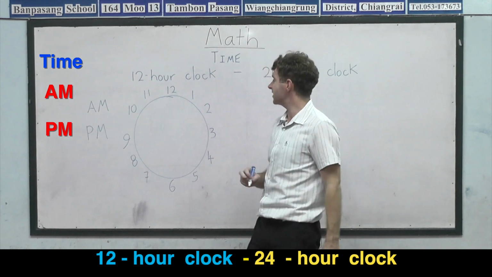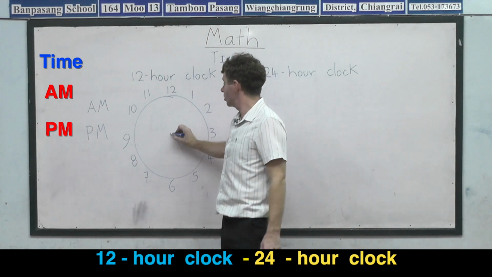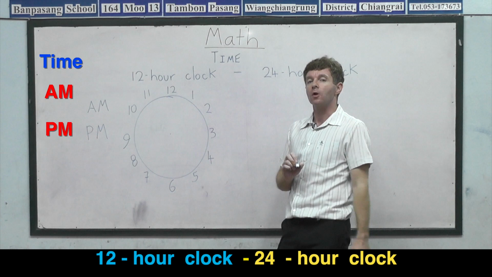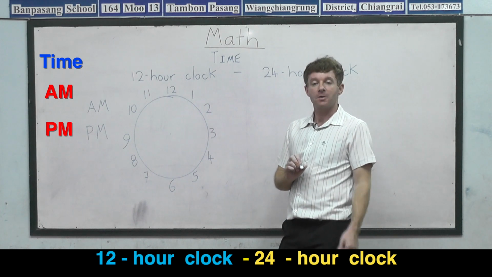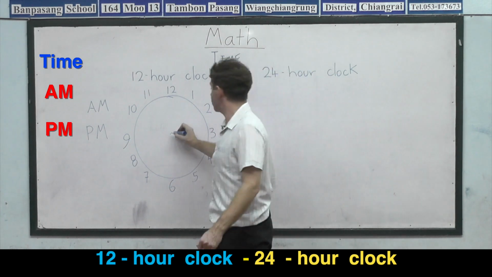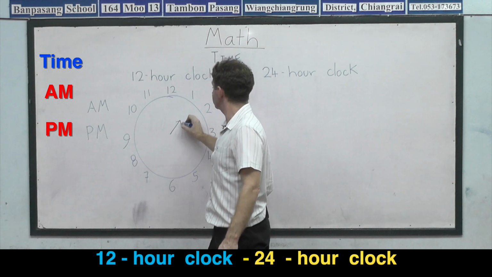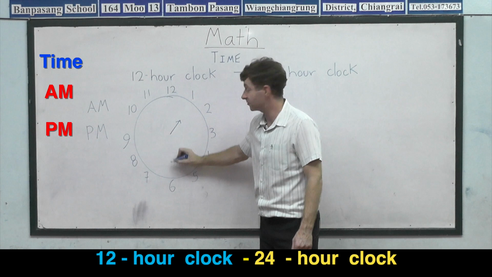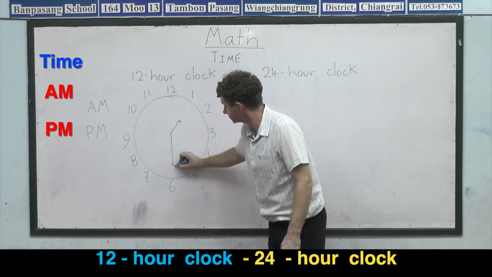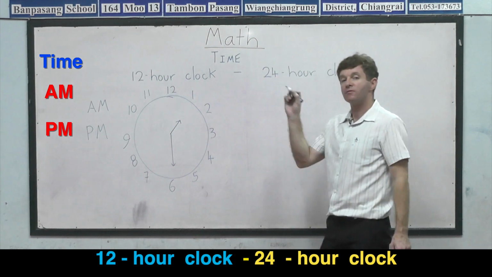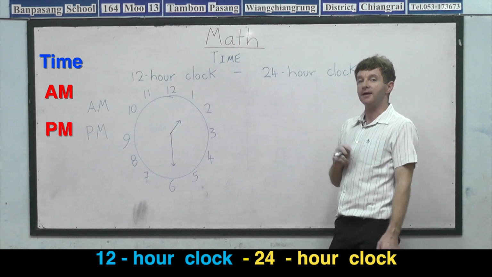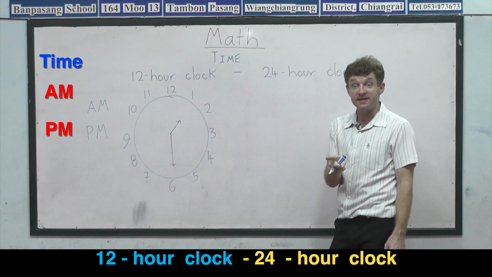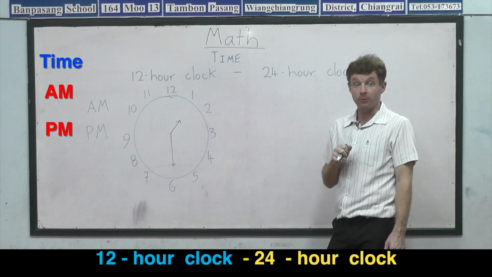So let's think of a time on the 12-hour clock. Who can give me a time to write on the clock? 1:30. Okay, good time. So the short hand for hours will go to 1, and then the minute hand will go to 30. So, first of all, we will say 1:30 AM. Okay?